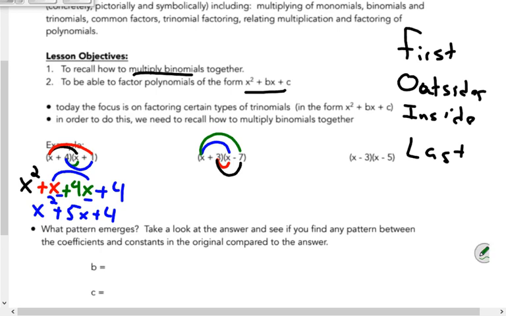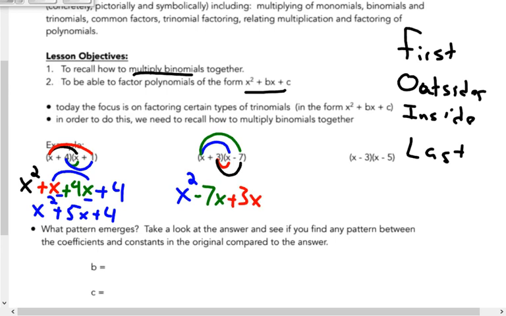Okay, so let's talk about that. X times x, let's do the blue one first. X squared. X times negative 7 now, the green one. So negative 7x. Let's do the inside ones, that's my red color. 3 times x, positive 3x.